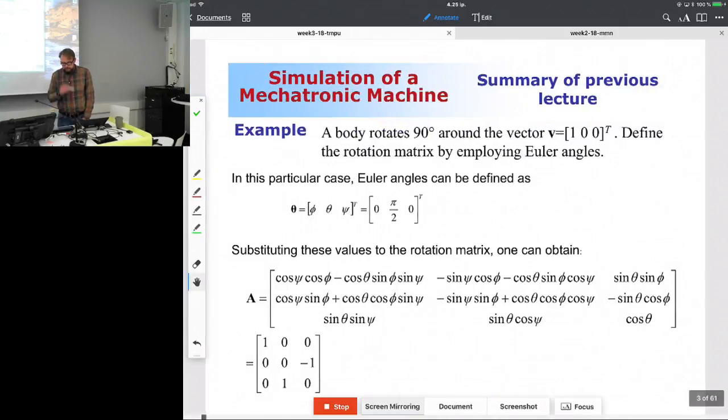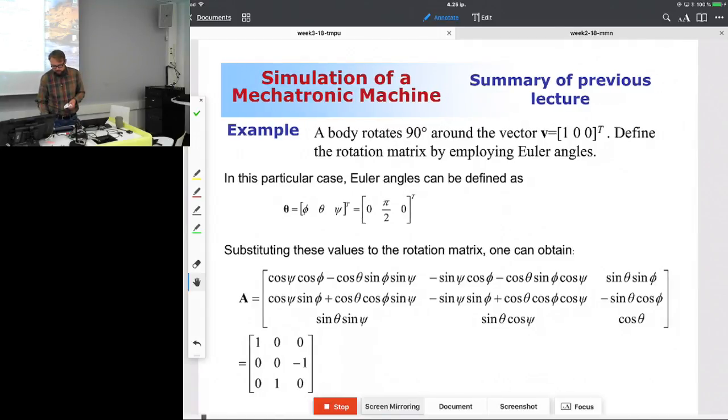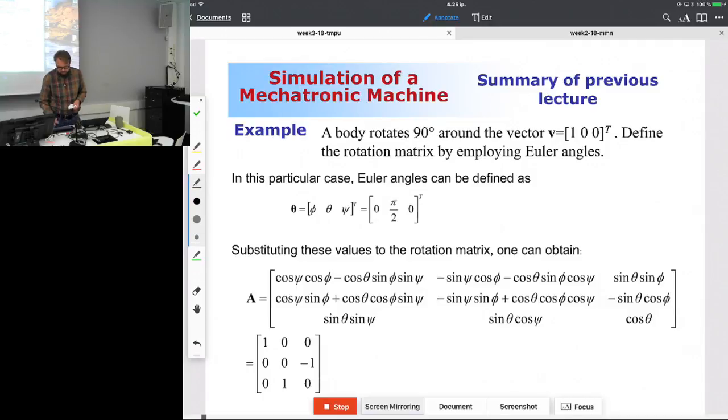I have an example here, in which a body rotates 90 degrees, that is, pi divided by 2, around a unit vector. The unit vector has components according to this equation. There's a component along the x-axis, the y-axis component is 0, and the z-axis component is 0.